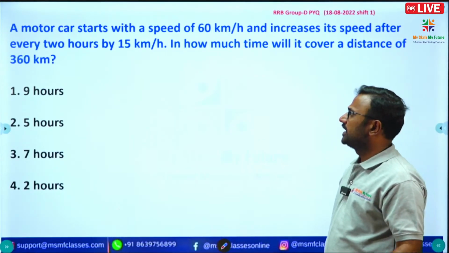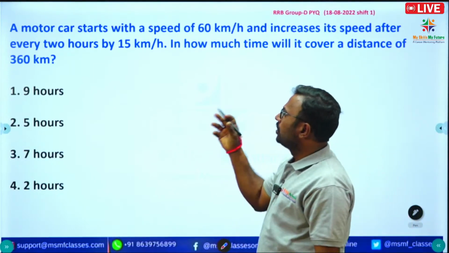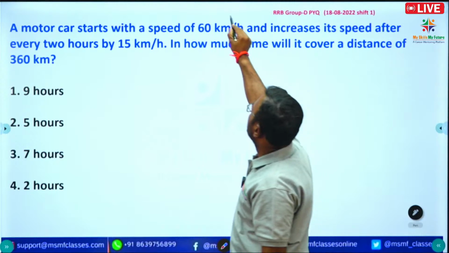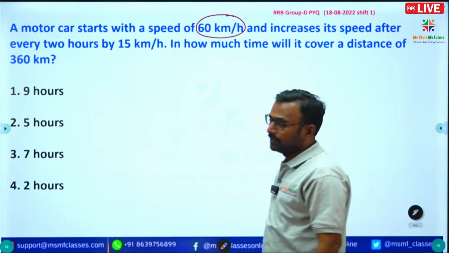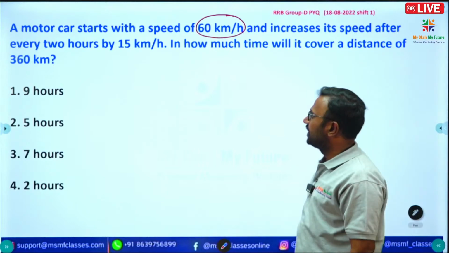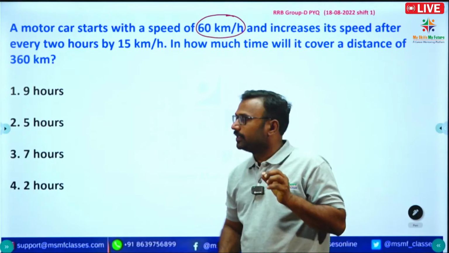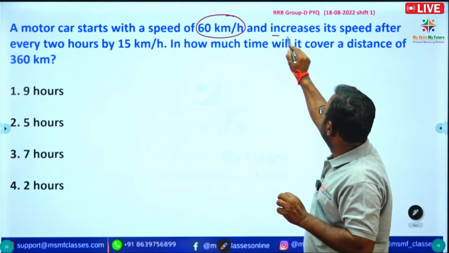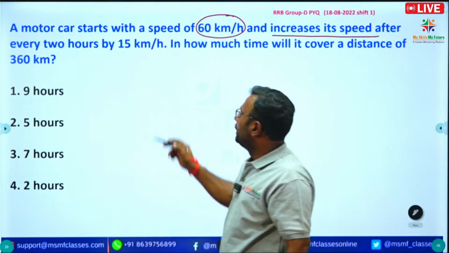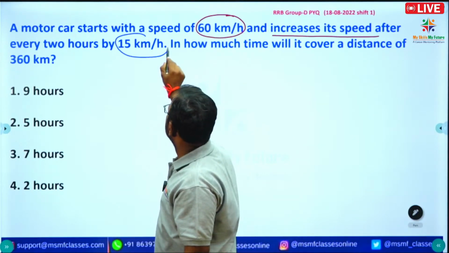Next question. A motor car starts with a speed of 60 kilometers per hour and increases its speed after every 2 hours by 15 kilometers per hour.